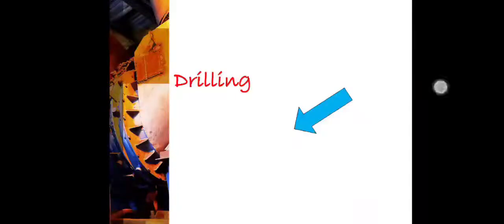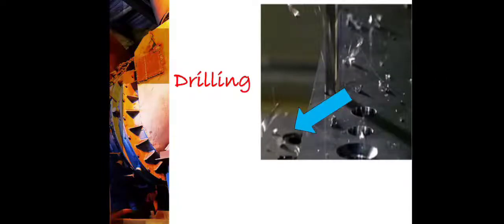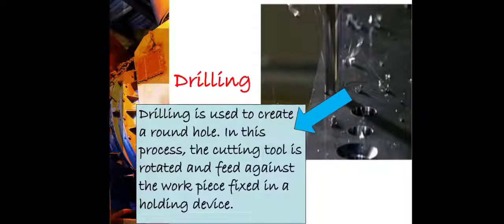Next one is drilling. Maybe the word drilling is very familiar, because this is very relevant nowadays and is applied by most people in the world. It is used to create a round hole. In this process, the cutting tool is rotated and fed against the workpiece fixed in a holding device.